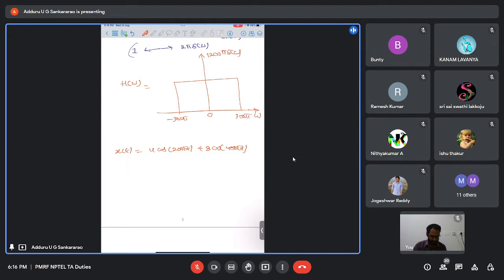Now can you tell me, this is a filter, it's a low pass filter, right? Which signal will go out of that filter and which signal will be stopped? So x of t we are giving here as input. Here we have H of omega. Then what frequencies will go out?